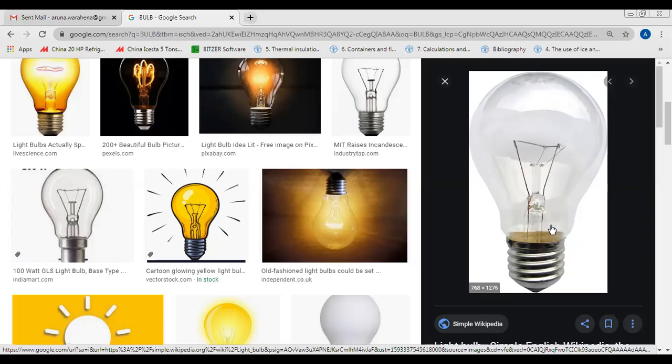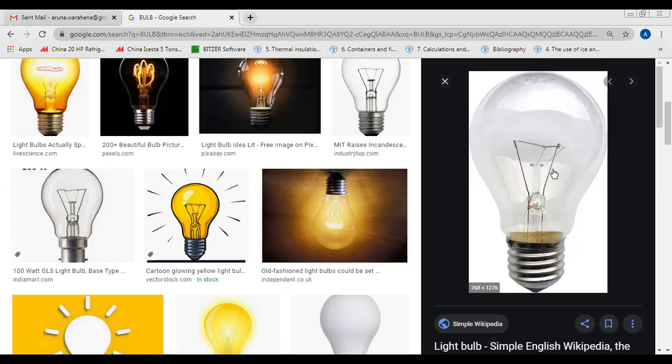Because of the electricity, this filament works on the gas. That is only a very little part, and this moves. That's how the filament transfers heat to the gas, and then the gas transfers the heat to the surface, and the surface emits the heat. And of course, light also emits through the glass.